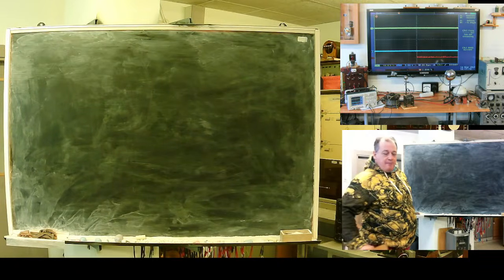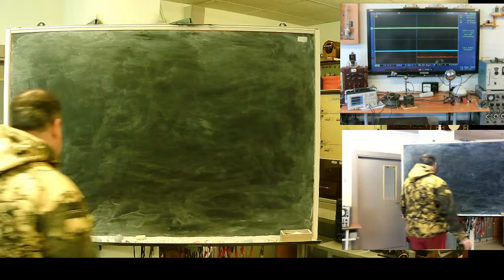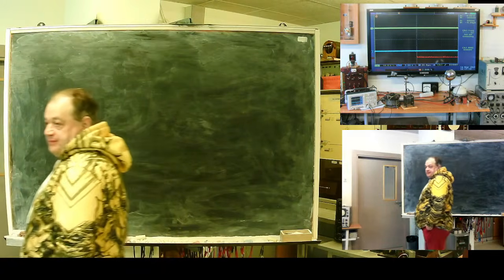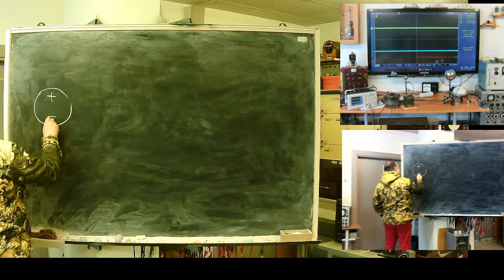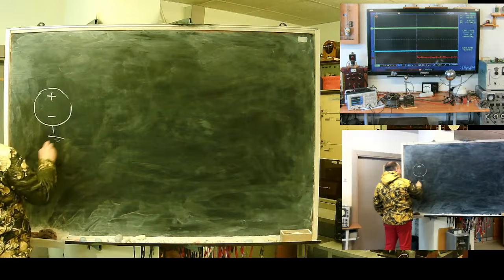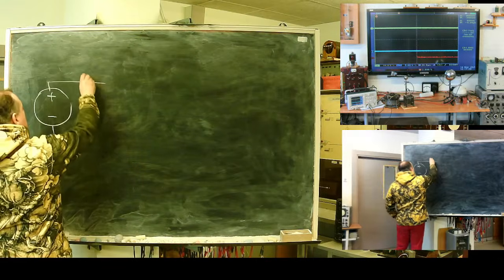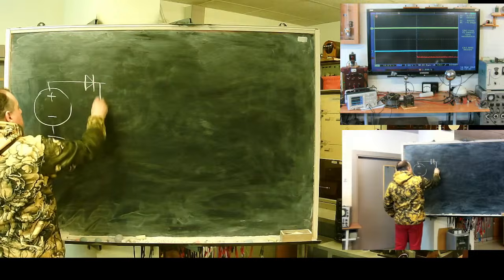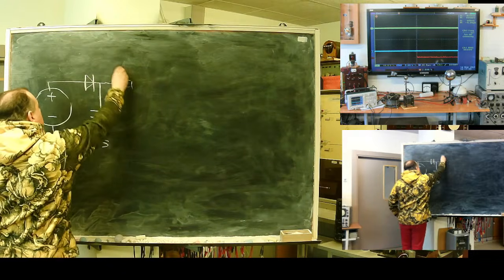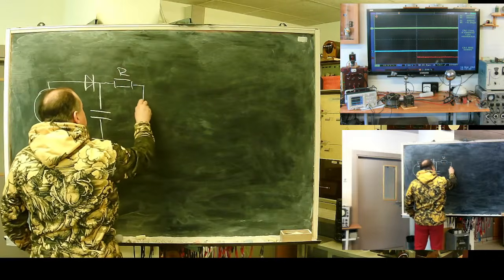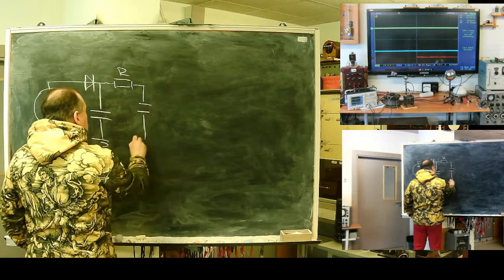I prepared a demo here. This part, I'll draw a schematic. I have a DC generator, a capacitor, and a smaller capacitor.